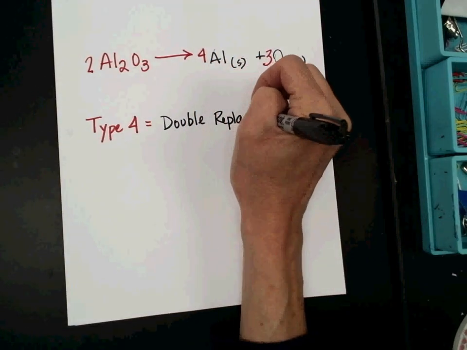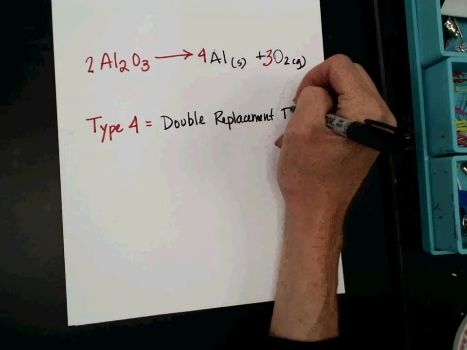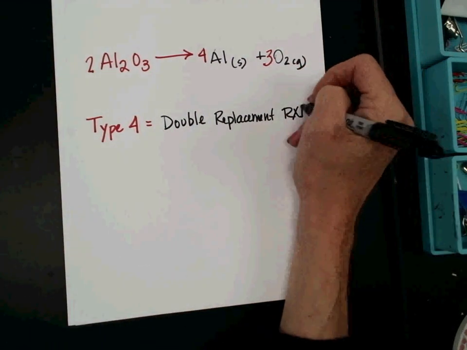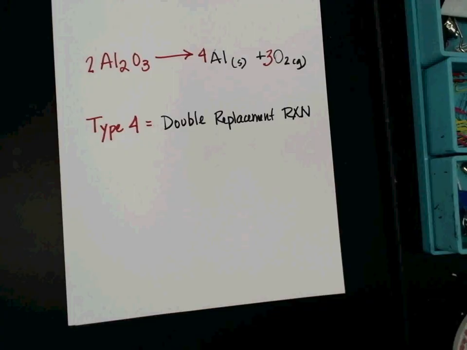Type 4 is called a double replacement reaction.